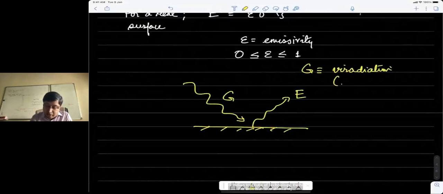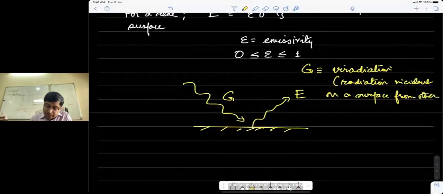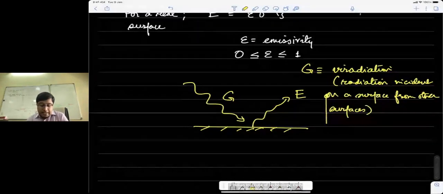So this is radiation incident on a surface from other surfaces or a medium.